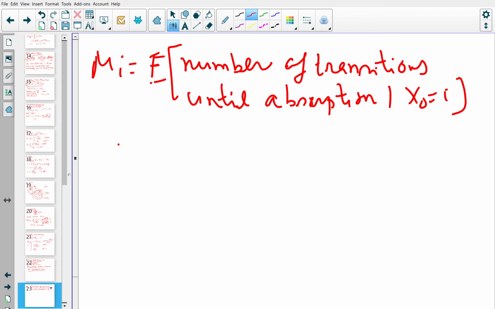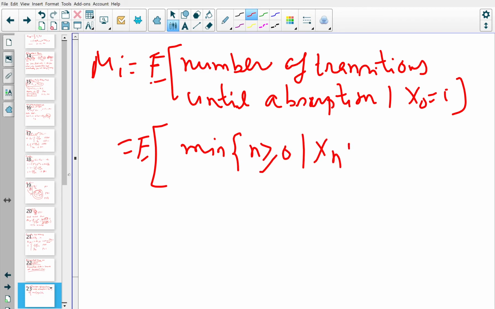Mathematically you can write this as the expected value of the minimum n, which is at least non-negative, such that X_n is a recurrent state and it's not equal to i. Clear?